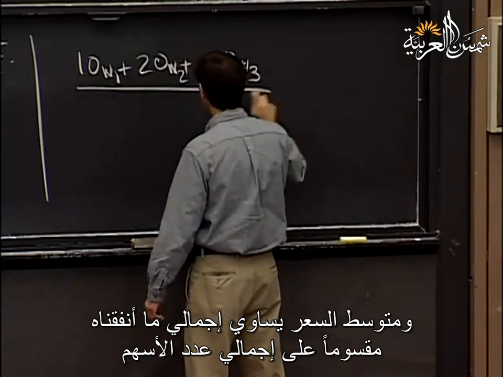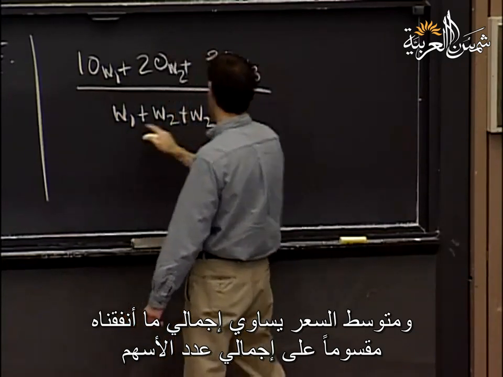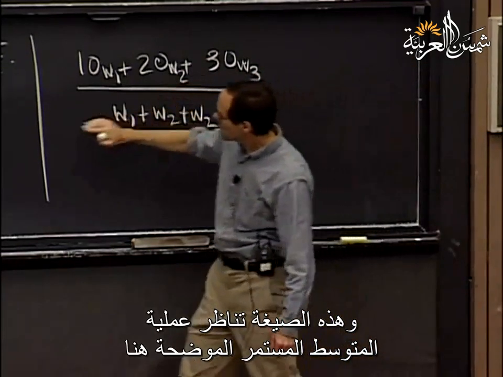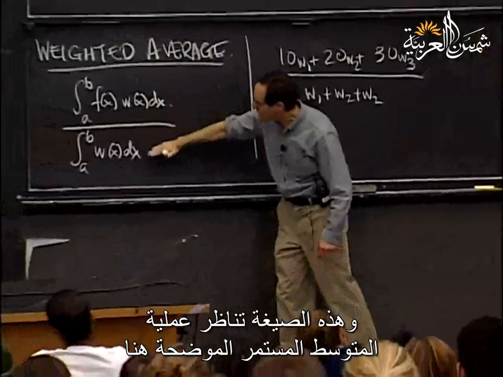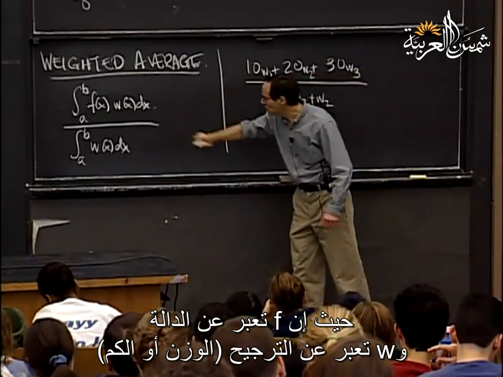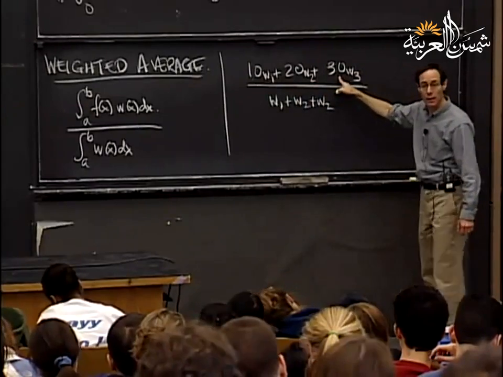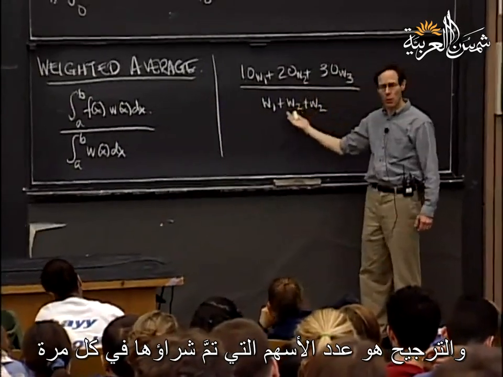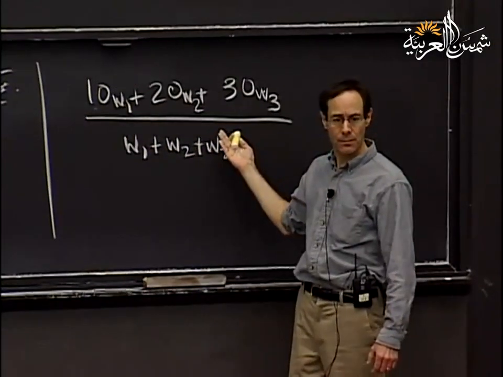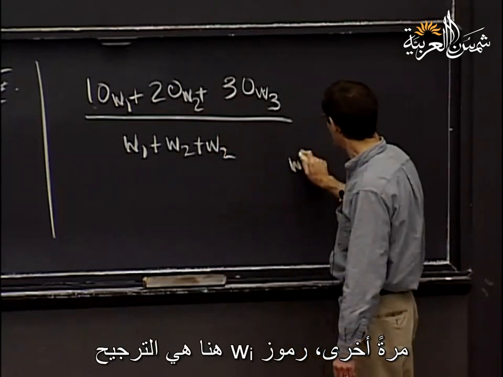And the average price is the total price divided by the total number of shares. And this is the discrete analog of this continuous averaging process here. The function f now, so I use w for weight, the function f now is the function whose values are 10, 20, and 30. And the weightings are the relative importance of the different purchases. All right, so again, these w_i's are weights.